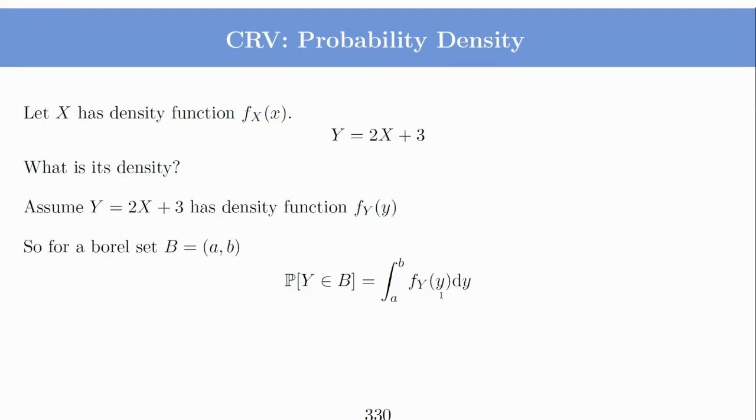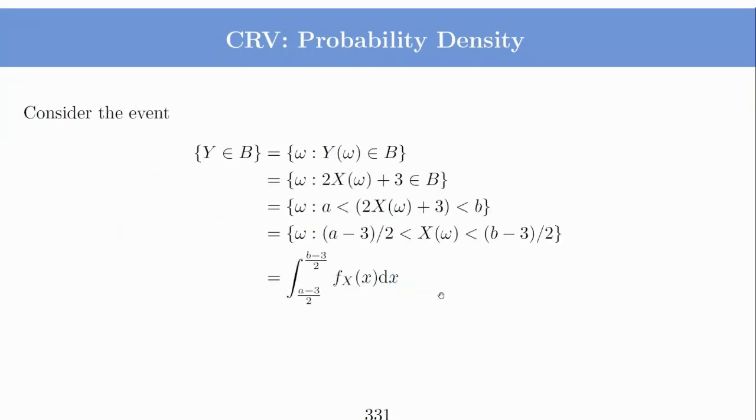Now we know that for any Borel set (a, b), the probability that Y belongs to (a, b) should be equal to the integration of this density on the interval (a, b). This is from the definition of density: if the density is known, the probability that Y belongs to any interval should be equal to the integration of density on this interval.